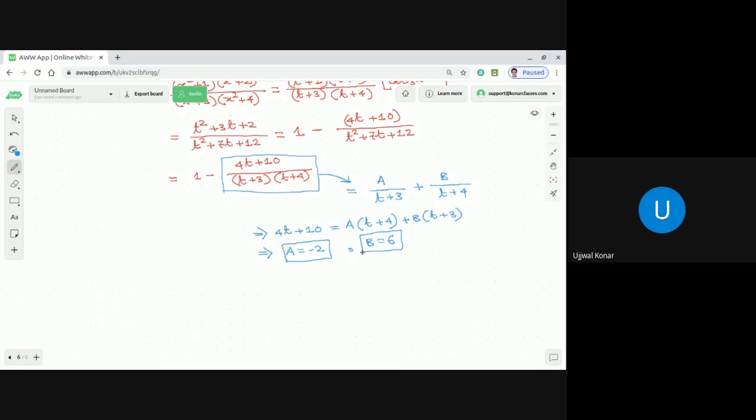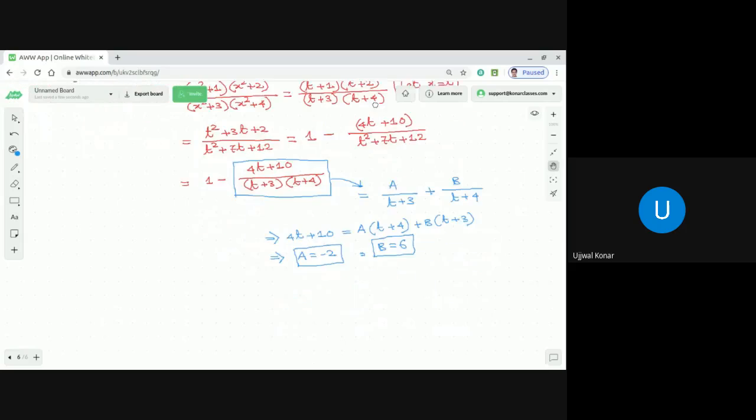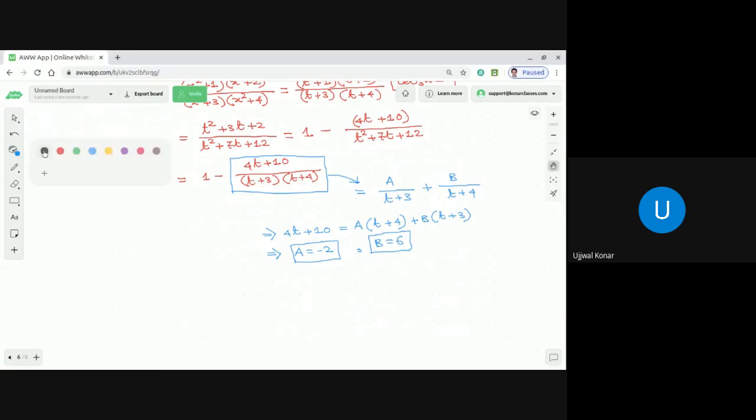So the moment you found it out, you know what we get, the entire expression. Let's look into it. Exactly what we are going to get is 1 plus 10 by (t plus 3)(t plus 4). So how are we representing the entire thing?